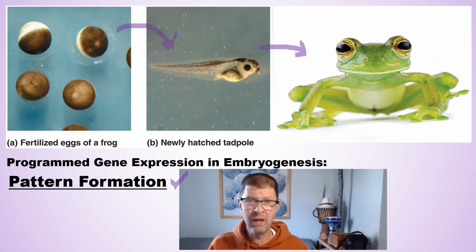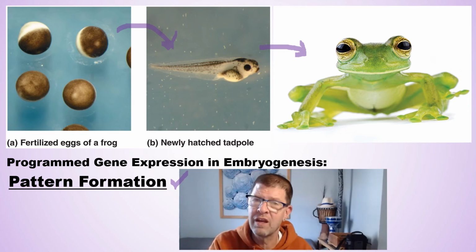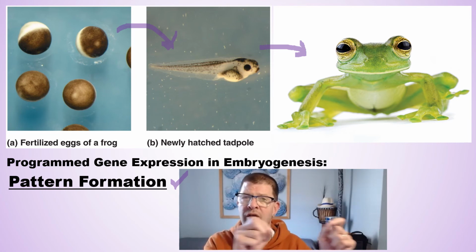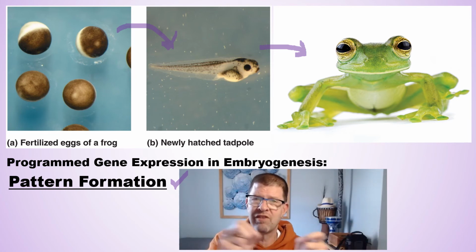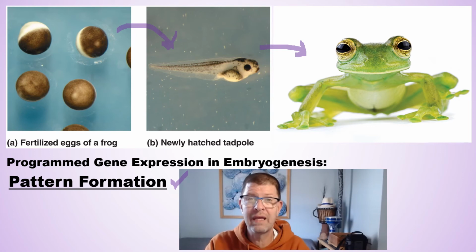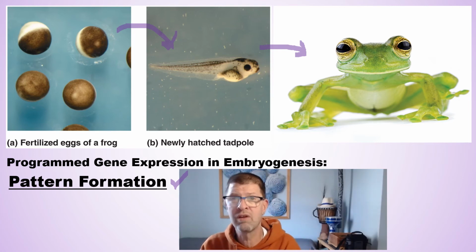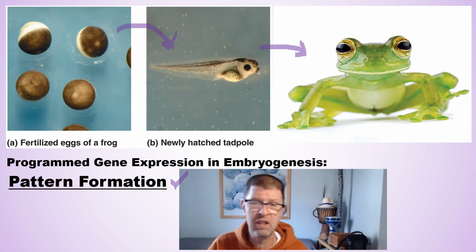When we have genes that come on and are activated in the process of development from a fertilized egg to an embryonic animal, or even a plant to some extent, growing into an adult, following that pattern very, very specifically, we call that pattern formation or programmed gene expression.